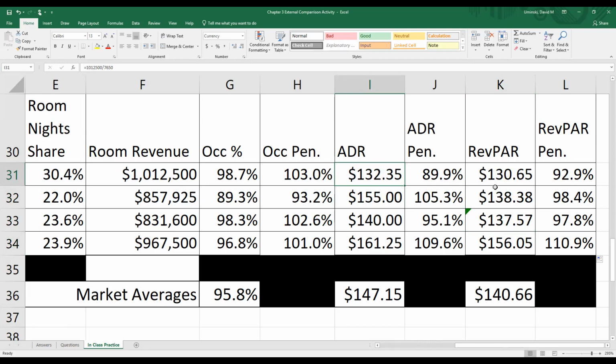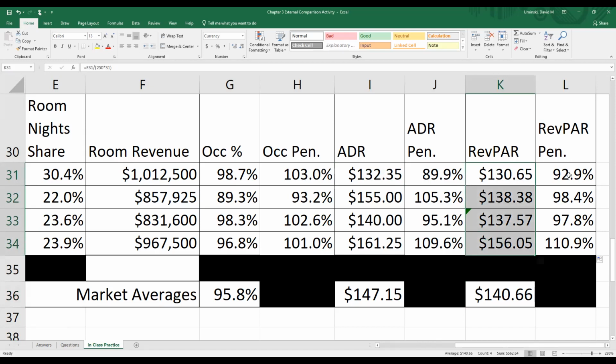Well, when we look at it from our revenue per available room perspective, it's only a difference of $8. So it puts those hotels with different numbers of rooms on a level playing field. Okay. So we add up all of those and get our average of $140.66, which is our average revenue per available room for all four of these.